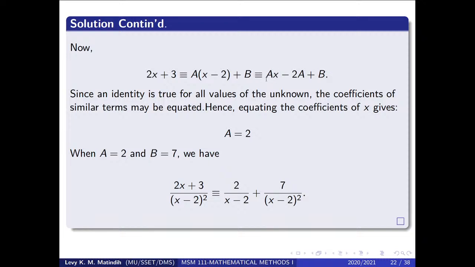So a is equal to 2. Hence, when a is equal to 2 and b is equal to 7, we are going to have 2x plus 3 over the square of x minus 2 equal to 2 over x minus 2 plus 7 over the square of x minus 2.